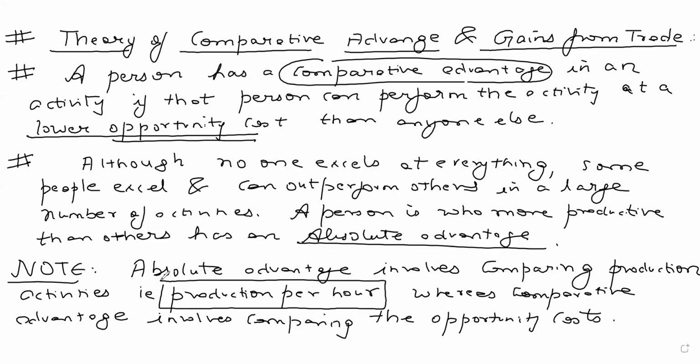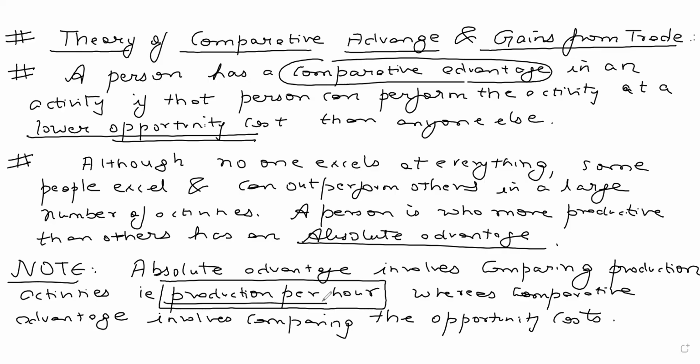Then I have an absolute advantage in solving economics questions, because in 1 hour I can solve more questions than my friend. So we are comparing the production per hour. Hoping students have understood this.